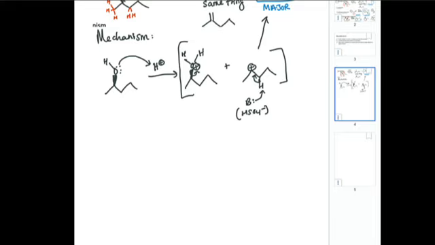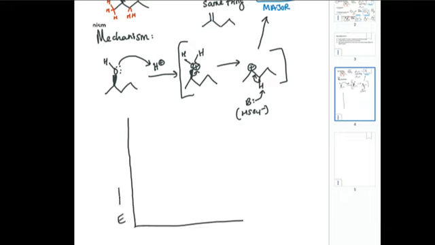So if we count arrows here, there's actually 3 steps, 2 intermediates, and 3 transition states.